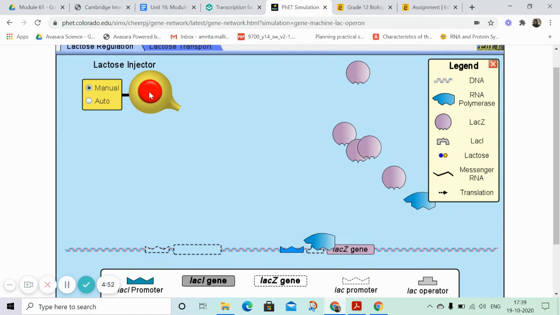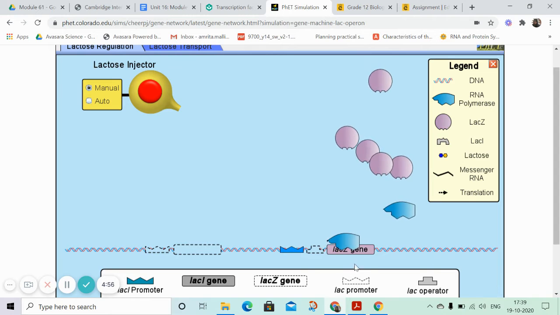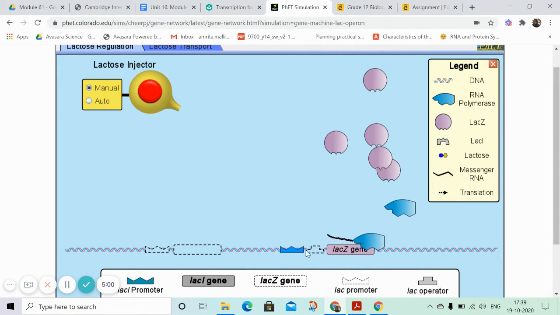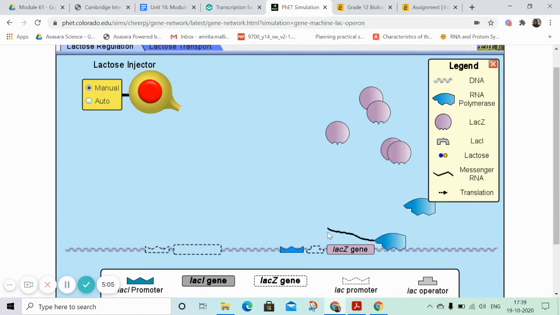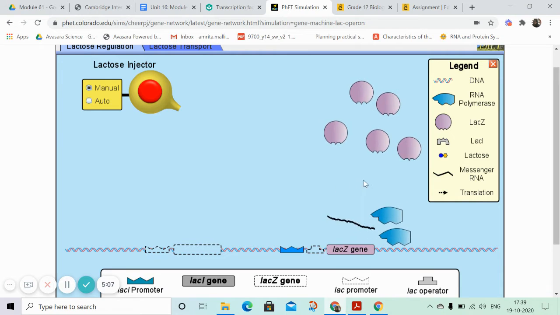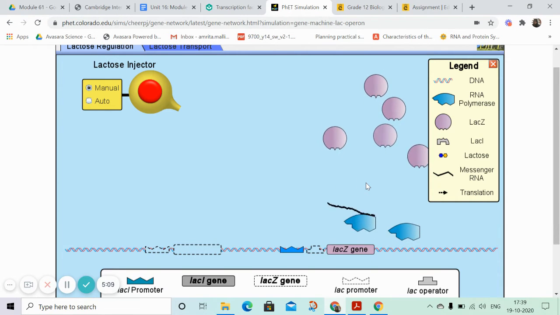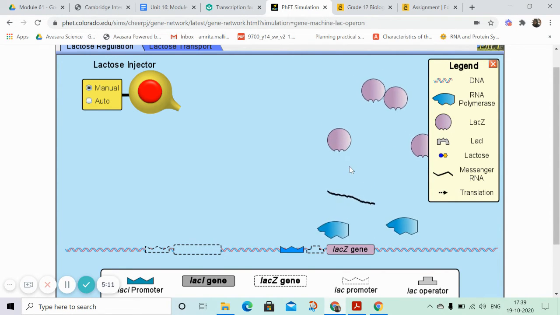So you're noticing that on the DNA right now, there is a promoter for the LAC-Z gene and the LAC-Z gene. The RNA polymerase is actually reading the LAC-Z gene and transcribing its mRNA, which is later getting translated to the beta-galactosidase enzyme.